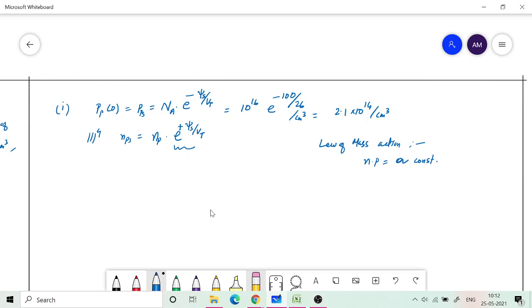So p we have already seen is getting reduced by e raised to this.